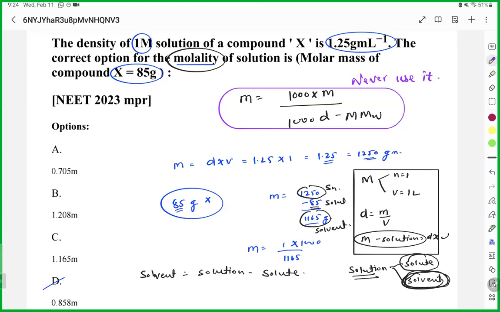If you use the basic method, first molarity, second density, and third molality, then it will be the easiest and simplest way. You don't need any extraordinary formula to remember. Make sense, guys? Because once you finish the full syllabus, memorizing this formula will be difficult. Am I right? Yes, sir.